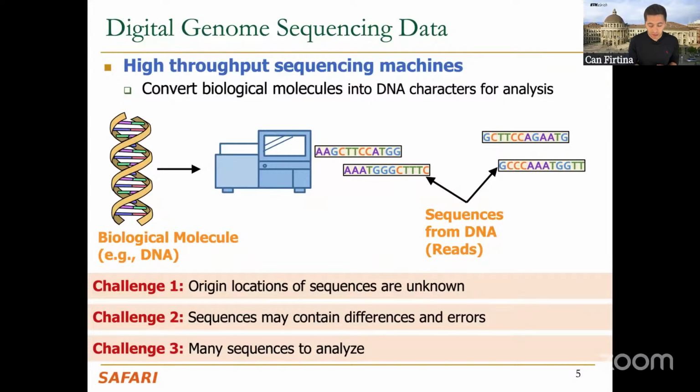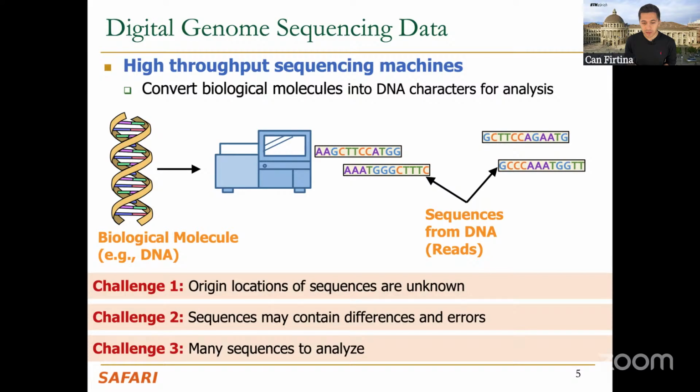specifically perhaps a computational challenge in the practical sense, is that we have many of these fragments to analyze. So assume we want to analyze a human genome, and considering one pair of chromosomes, we have 23 pairs, right?